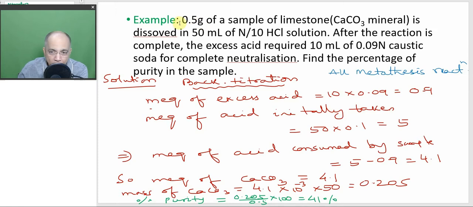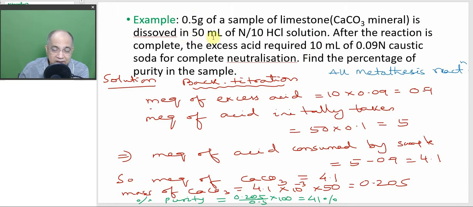Read with me. 0.5 gram of a sample of limestone, which is basically calcium carbonate, and the rest impurity. Calcium carbonate is dissolved in 50 ml of N by 10 HCl. After the reaction is complete, the excess acid required.